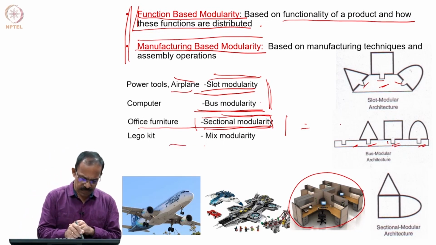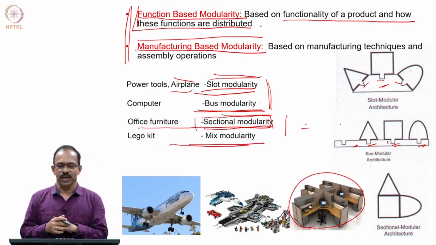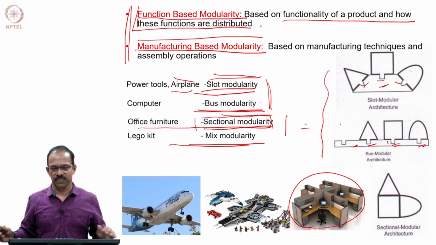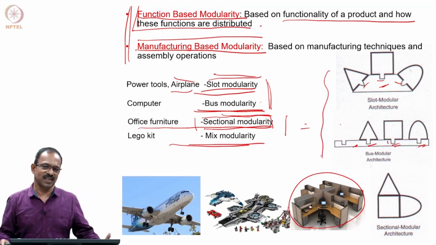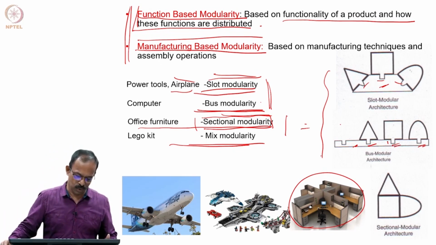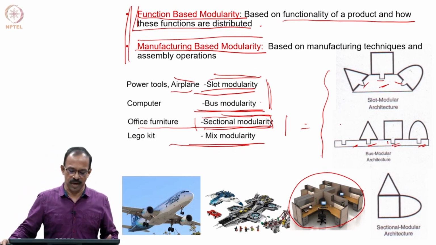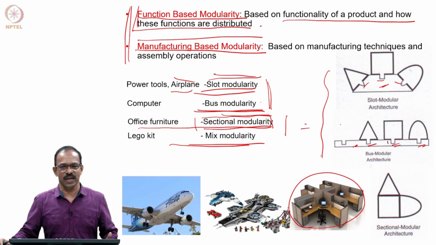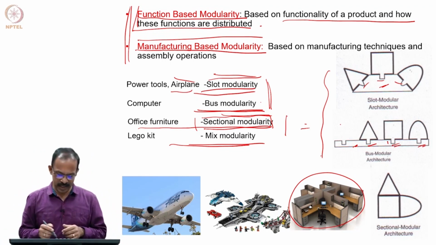And the last one is the mixed modularity, where you can have a combination of all these things. There is no specific modular structure here. You can have a slot modularity, a bus modularity, or a sectional modularity, and when you combine all these you will get a product.